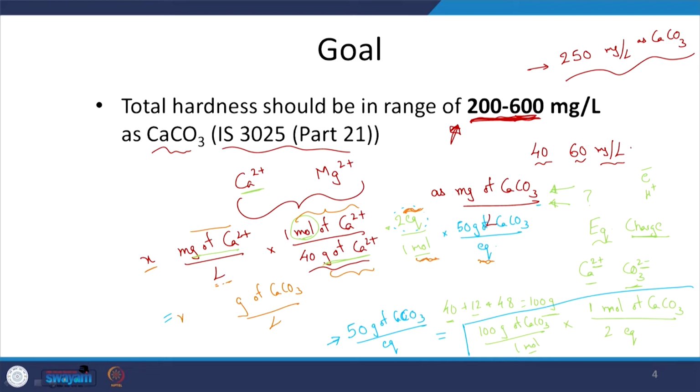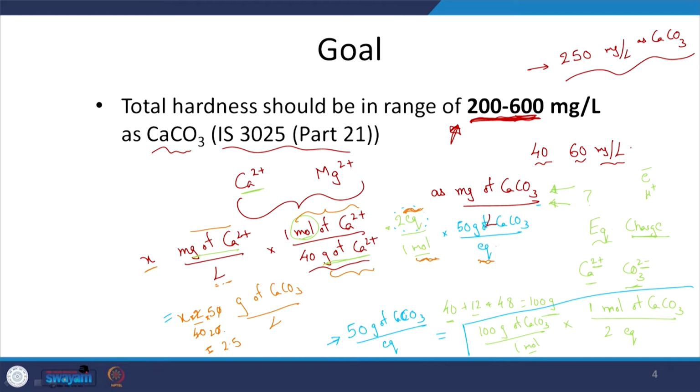We started with x. So, it is 2 by 40 into 50. This is for calcium though, keep that in mind. So, what do we have here? This is 20, so 2.5, I guess. Hopefully, I made it right.